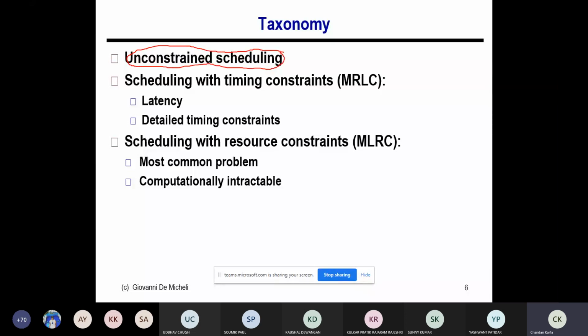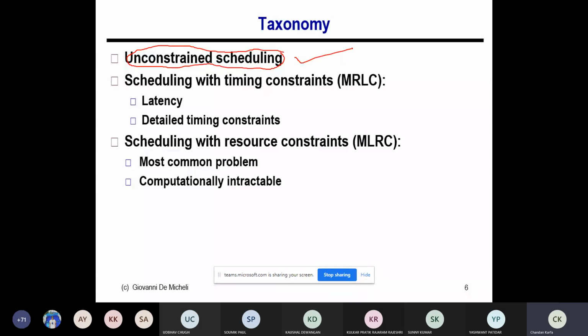I don't have any constraint on, say, area, and the only thing I have to do is make sure that my schedule satisfies my dependency constraints. The dependency must be satisfied, and whatever the area comes to, I am okay. My objective is just to make a schedule which satisfies the dependency, which is called unconstrained scheduling.